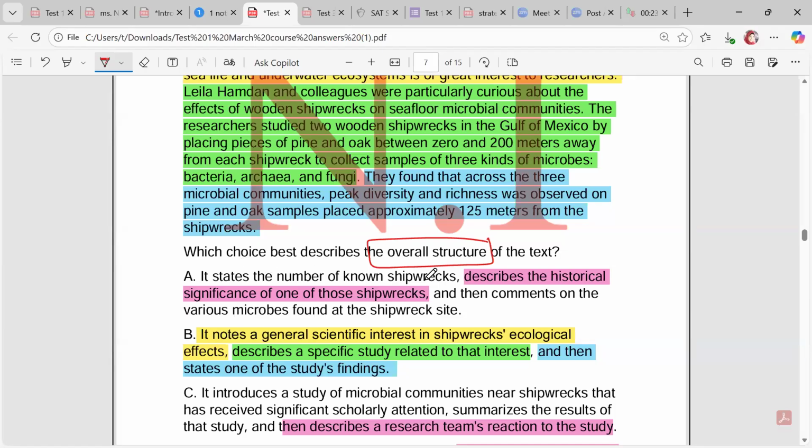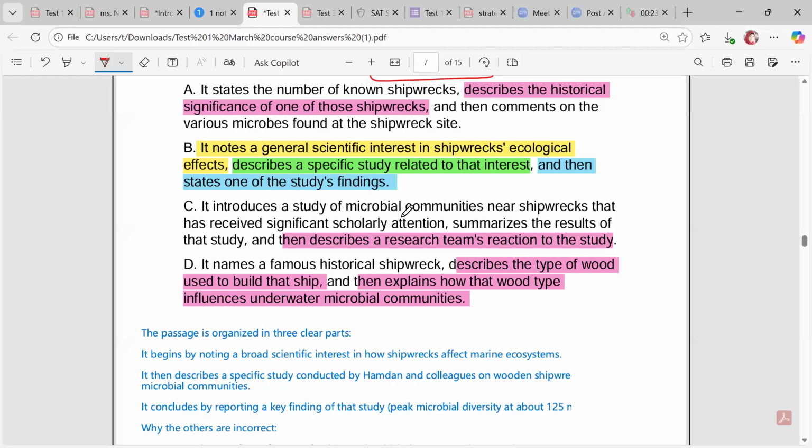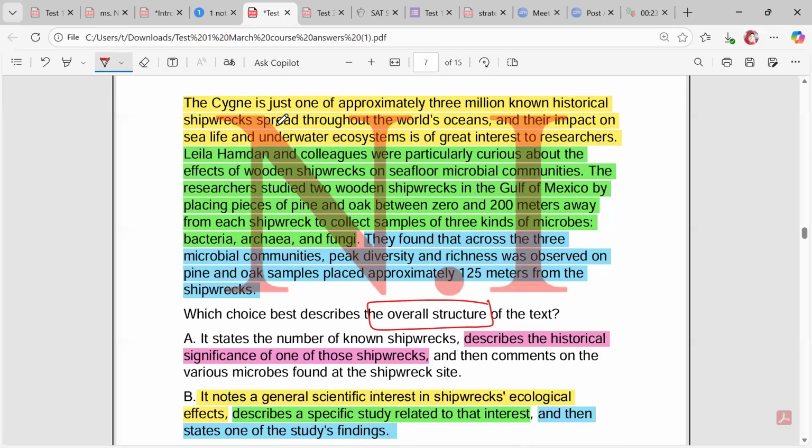Here it is: 1, 2, 3; 1, 2, 3; 1, 2, 3. So I will divide my text into 3 parts.